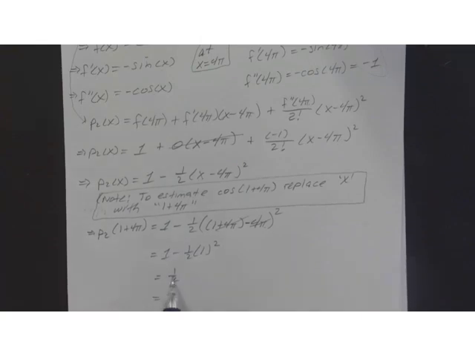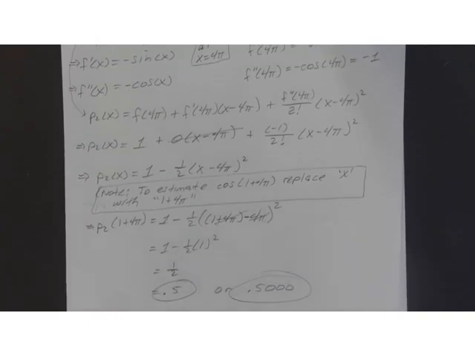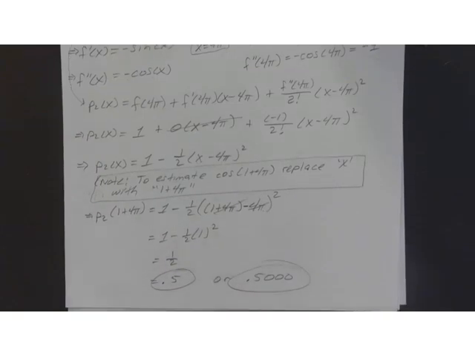If you want to estimate that to 4 decimal places, you just make it 0.5000. Okay.